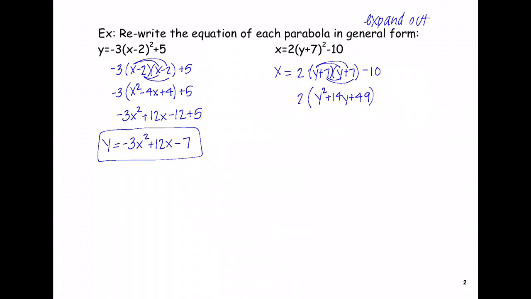We then need to multiply that quantity by 2 before subtracting our 10. So 2y squared plus 28y plus 98. Combine our like terms and subtract our 10, and we get x is equal to 2y squared plus 28y plus 88.